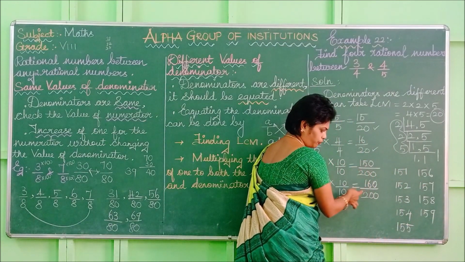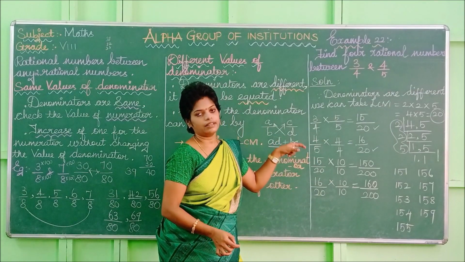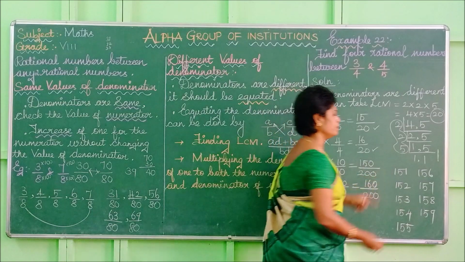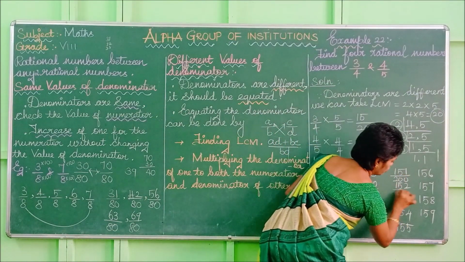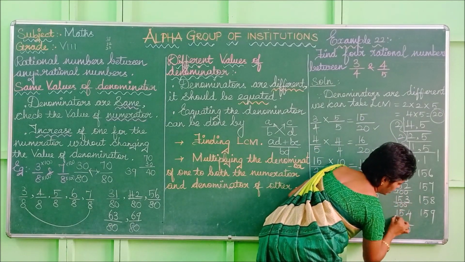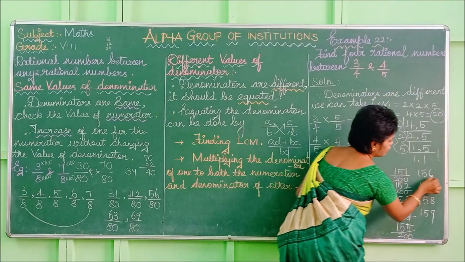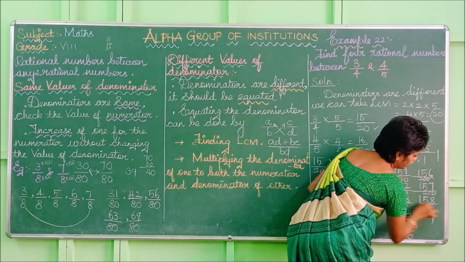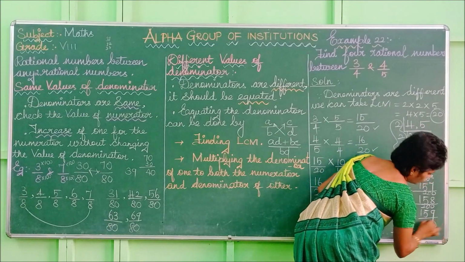In between 150 and 160 there will be 9 rational numbers. So this can be written as 151 divided by 200, 152 by 200, 153 by 200, 154 by 200, 155 by 200, 156 by 200, 157 by 200, 158 by 200, 159 by 200.